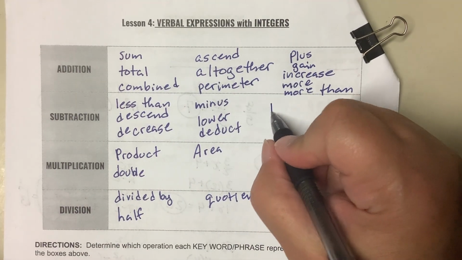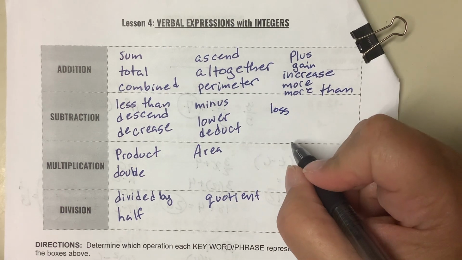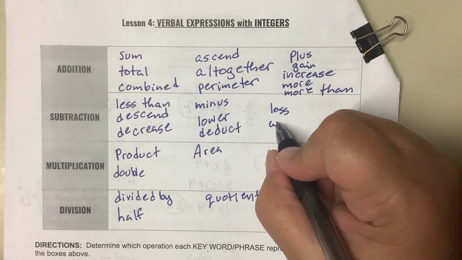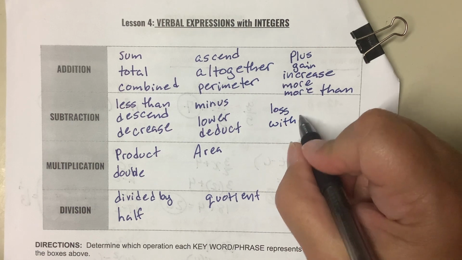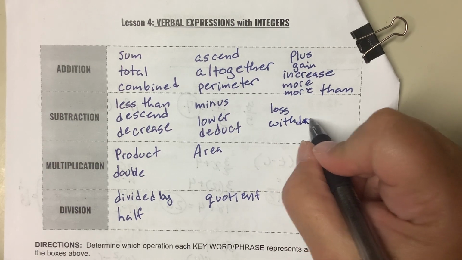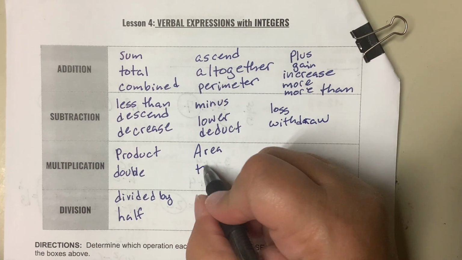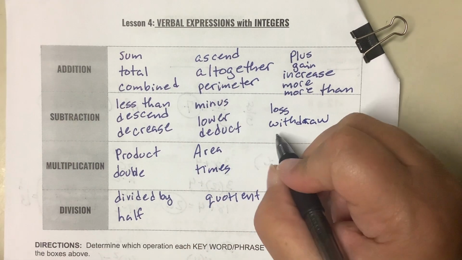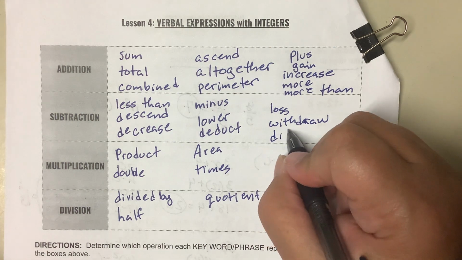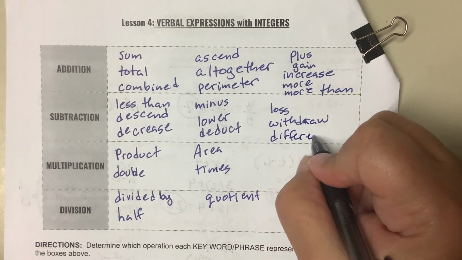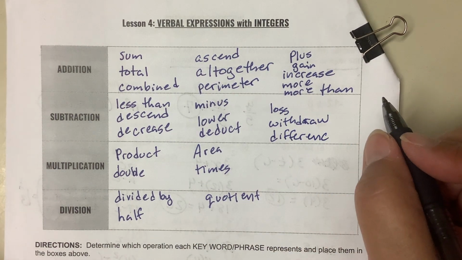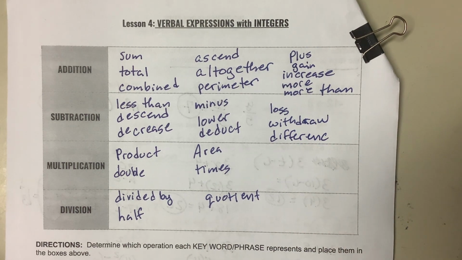Loss. Loss is subtract. Very sad. Withdraw. Also subtract. As in you withdraw money from the bank. Times, obviously multiplication. Difference, my favorite word for subtraction. And added to. Well, we gotta find some spot.